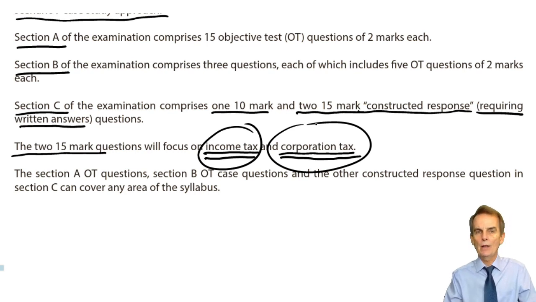Things go wrong in the economy, but it's still your loss. So if HMRC tax us on profits, they've got to give us relief for losses. And that area, corporate tax losses, is an area that would give itself over to the majority of a 15-mark corporate tax question. So we are definitely going to see an income tax and a corporation tax 15-mark question.